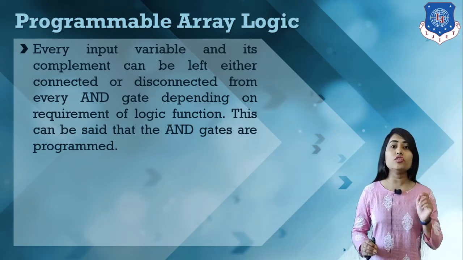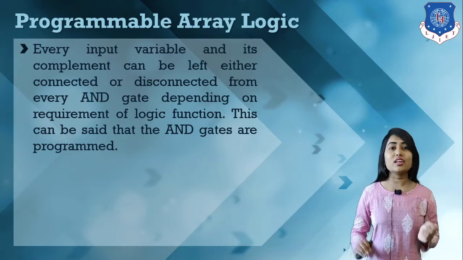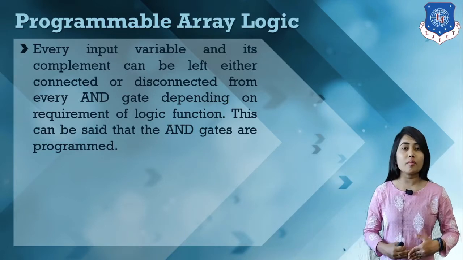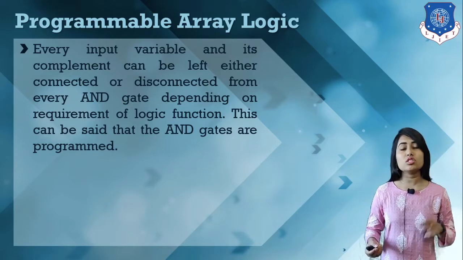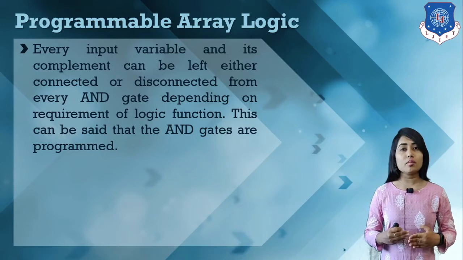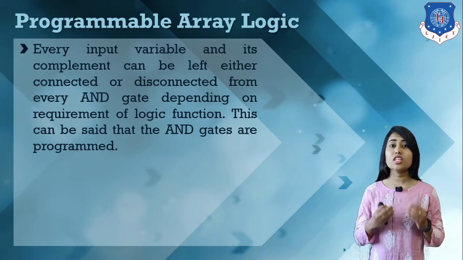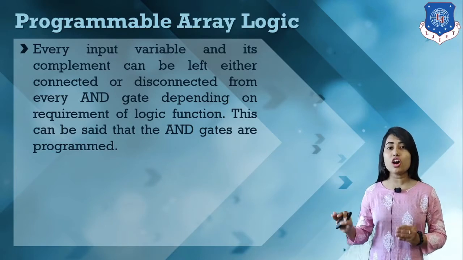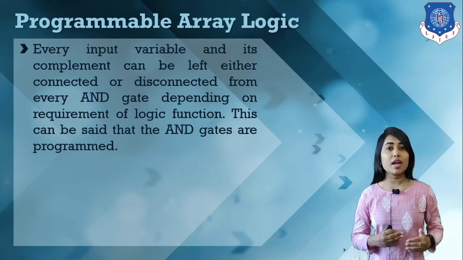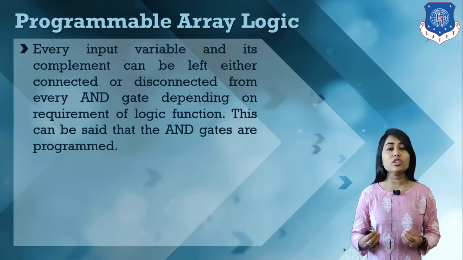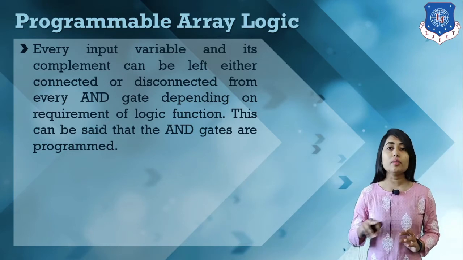If we want to implement a logical function which contains a and b dash, we can mark connections with a and b dash, and then we apply these product terms to our OR gate. So here we have our logical function. Depending on our requirements, any of the input combinations are connected or disconnected in our PAL circuits.